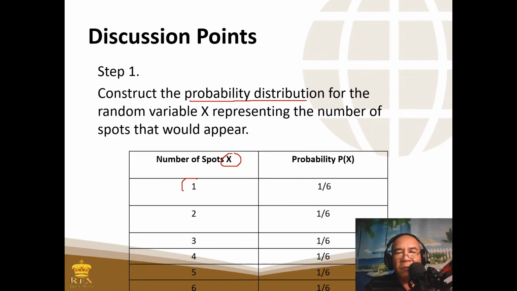We have 1, 2, 3, 4, 5, and 6. And the probability, we put a notation of P of x, or probability of the number of spots. Each one has the probability of 1 over 6.